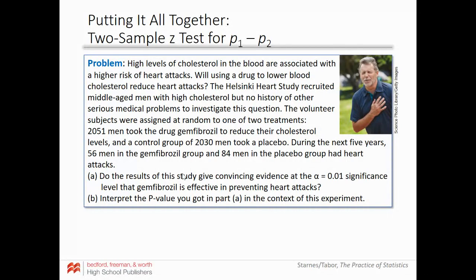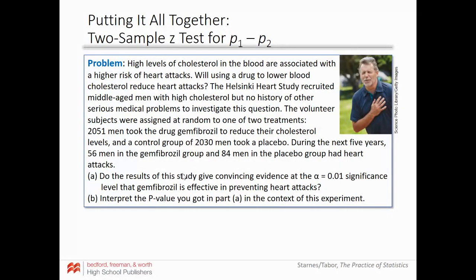The volunteer subjects were assigned at random to one of the two treatments. 2,051 men took the drug to reduce their cholesterol levels, and then there's a control group of 2,330 men who took a placebo. During the next 5 years, 56 men in the group that got the drug and 84 men in the placebo group had heart attacks.